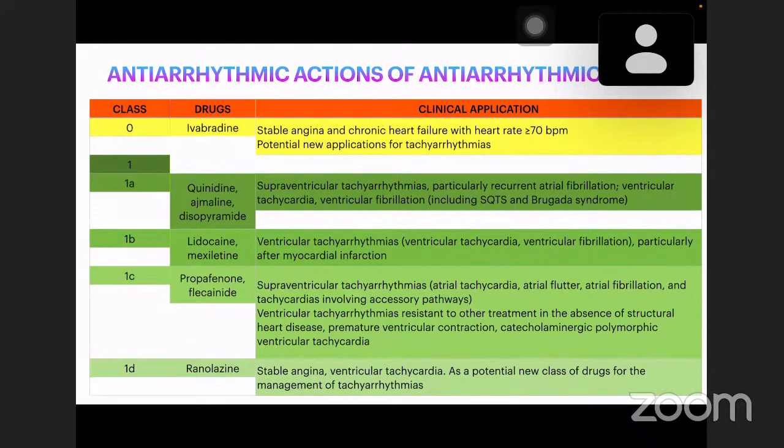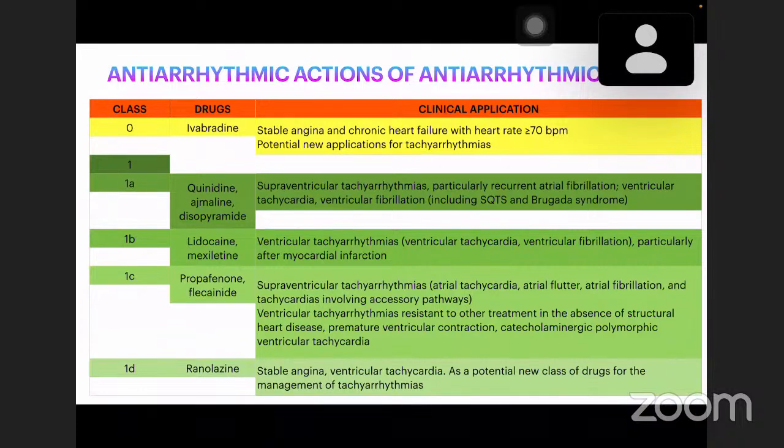Propafenone and flecainide: supraventricular tachyarrhythmias, atrial flutter, fibrillation, sinus atrial tachycardia, and tachycardias involving accessory pathways like Wolff-Parkinson-White. And ventricular arrhythmias resistant to other treatment in the absence of structural heart disease, premature ventricular contraction, and catecholaminergic polymorphic ventricular tachycardia.